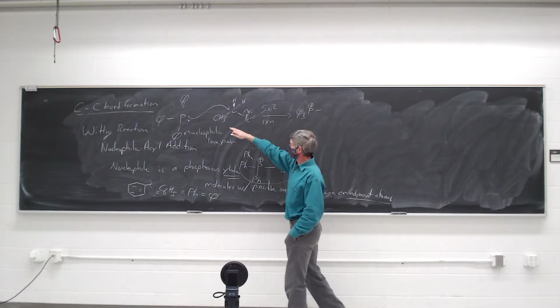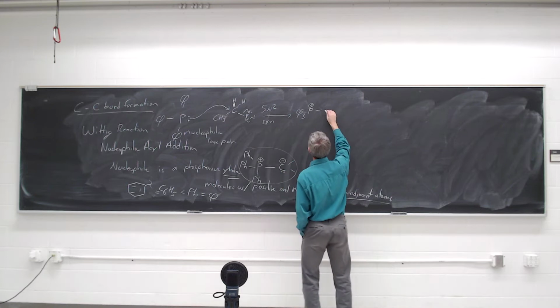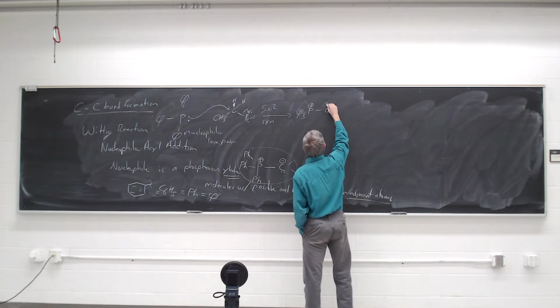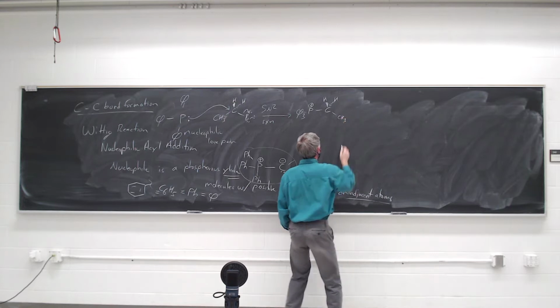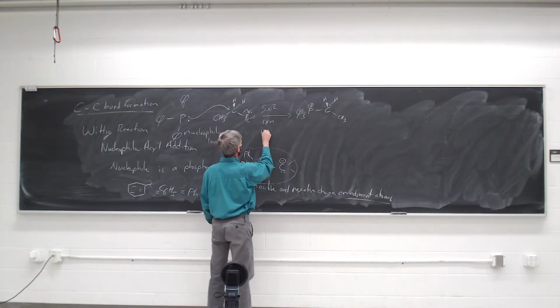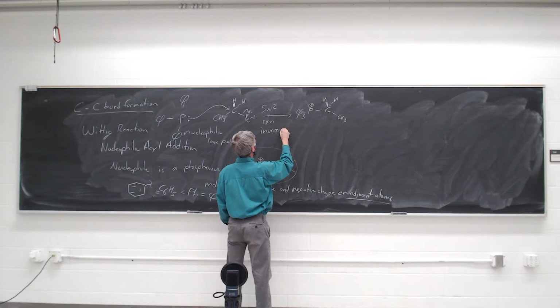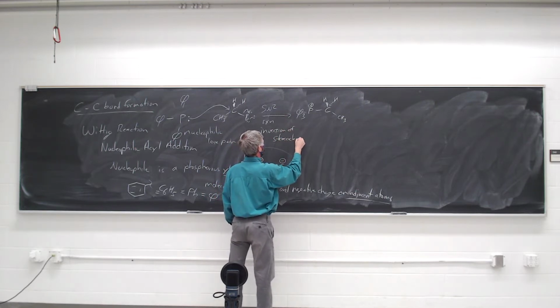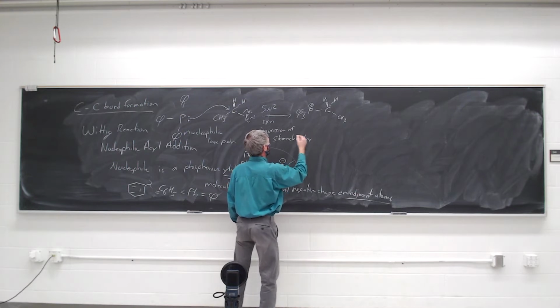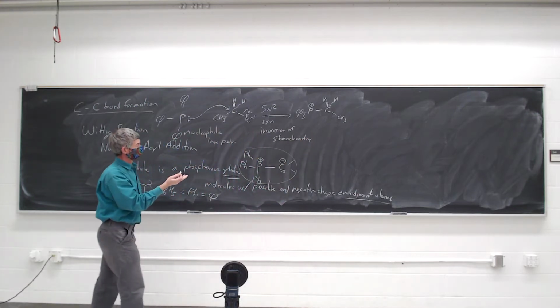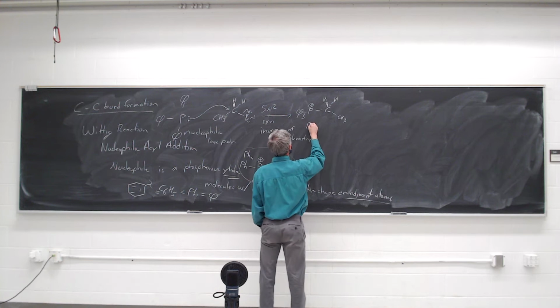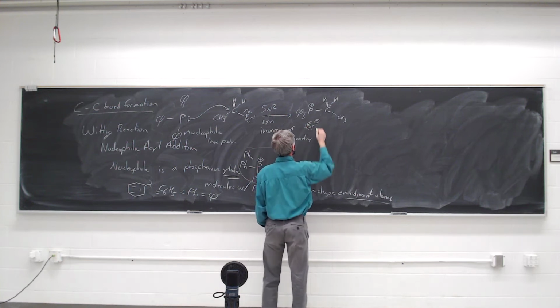Positive charge on phosphorus now because it now has 4 bonds and no lone pair. It goes with inversion of stereochemistry, not that that matters, to form a phosphonium salt. In this case, phosphonium bromide.